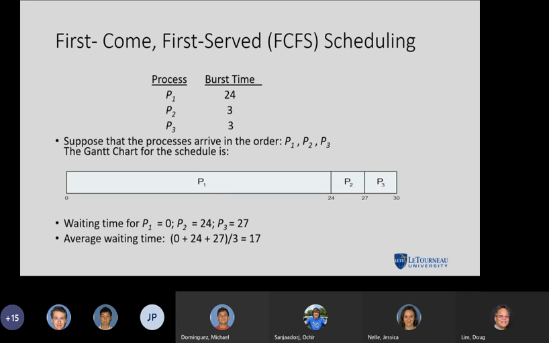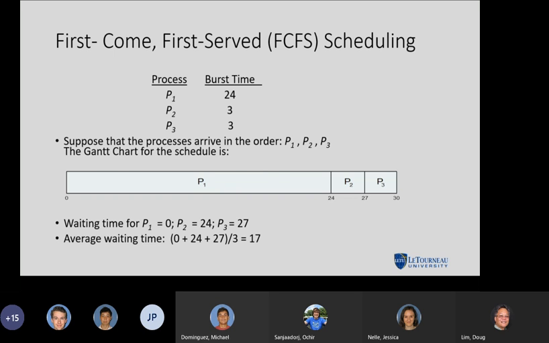So we have here a case with waiting times for P1 equals 0, P2 equals 24, and P3 equals 27. You can see your timeline that goes from 0 to 30 with the various process waiting times. And so we can see here that the average waiting time is 17 cycles for this particular example.